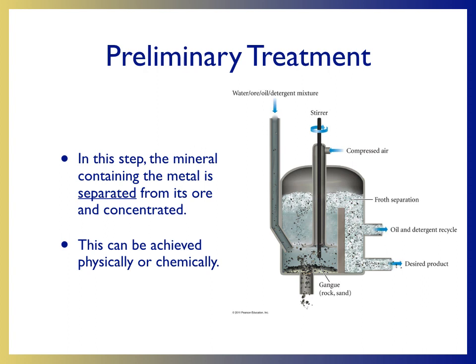This froth contains the mineral, which is separated from the rest of the ore, which could be leftover rock and sand that settles on the bottom. The froth is then siphoned off, and the mineral is separated from it. That is an example of this physical process.